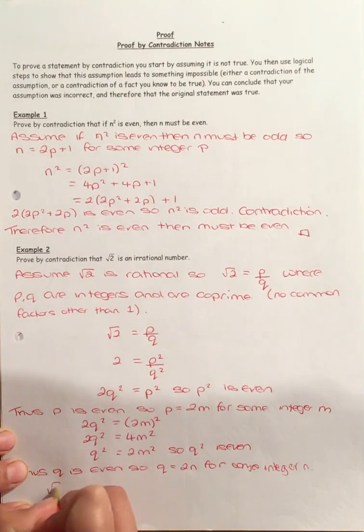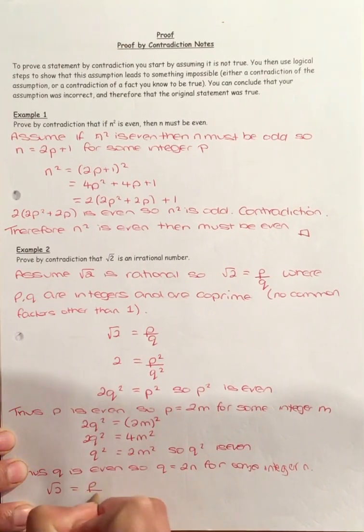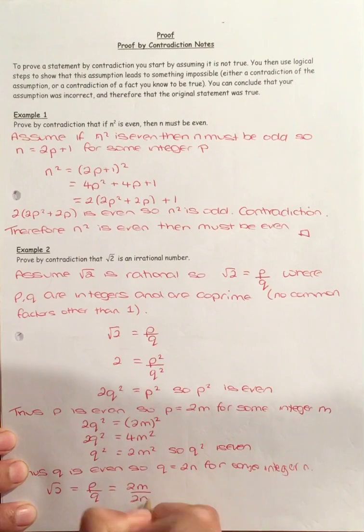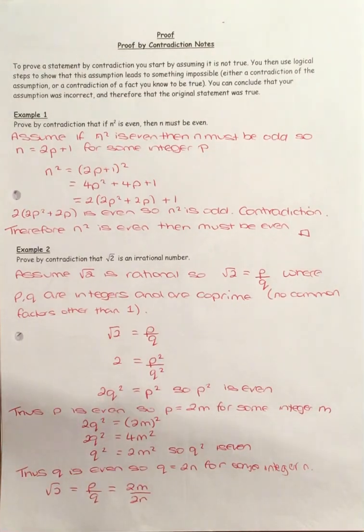Therefore, root 2 is p over q. Now that can be written as 2m over 2n, but that would mean that p and q are no longer co-prime. They now have a common factor of 2.